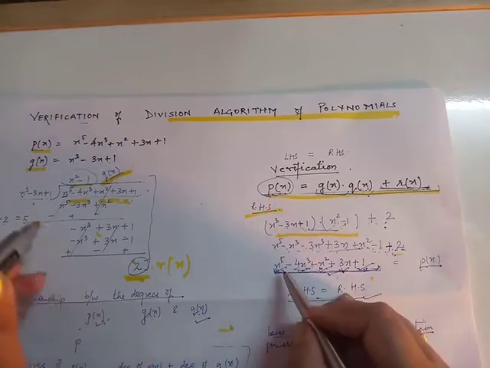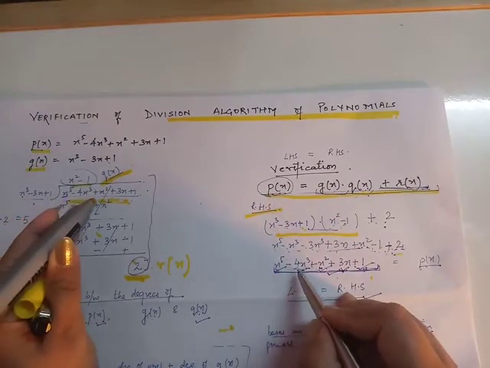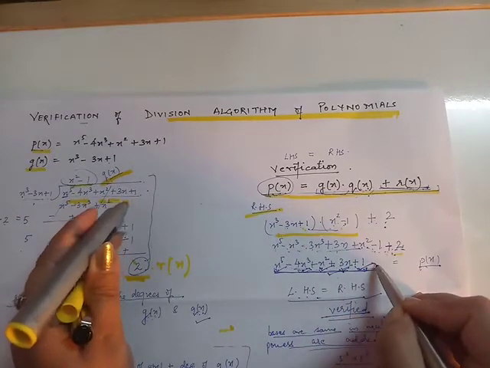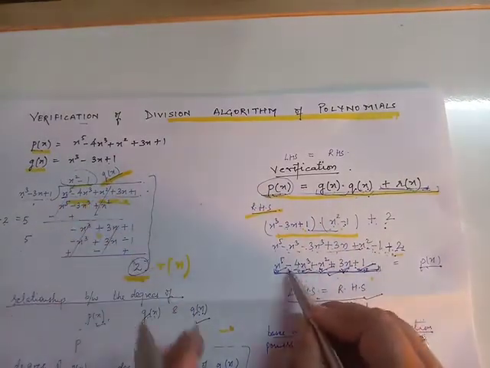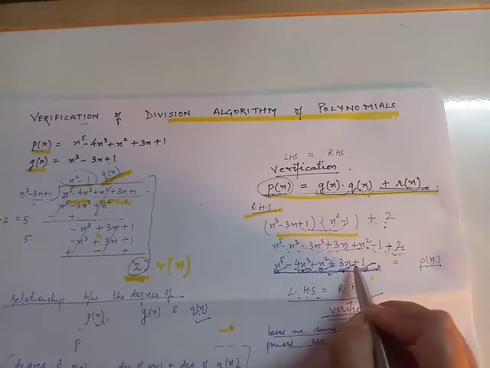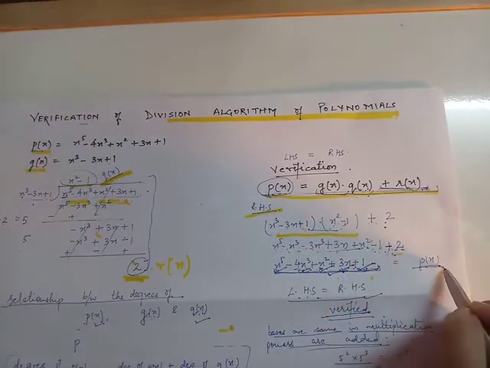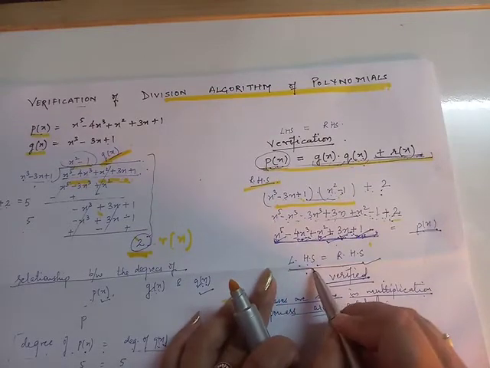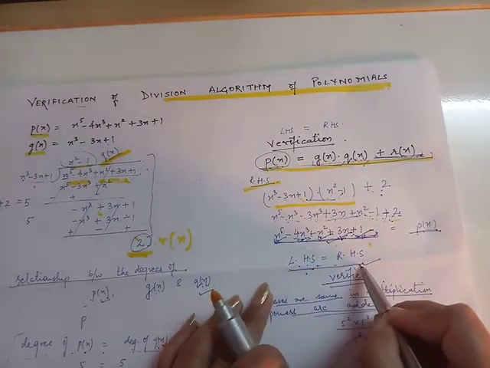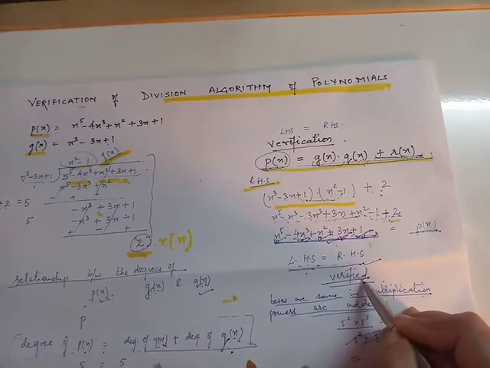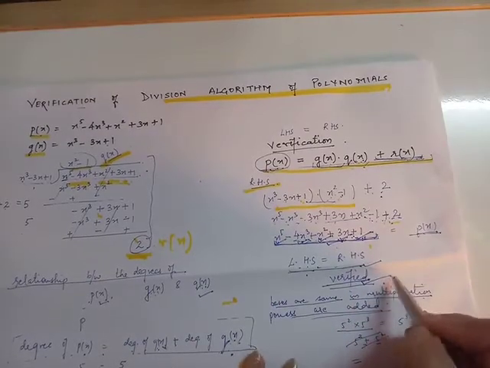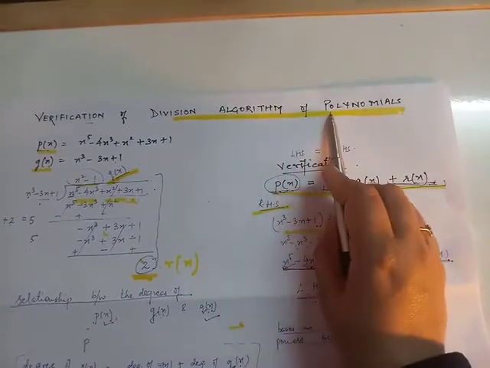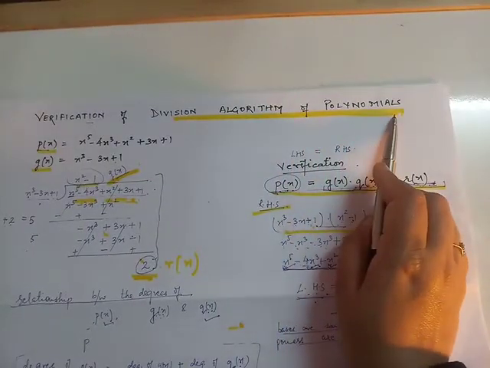So let us see: x⁵ − 4x³ + x² + 3x + 1. All the terms as well as the signs are the same as p(x). So we can simply say that my left hand side is equal to my right hand side. So we have verified that the division algorithm is also true for polynomials.